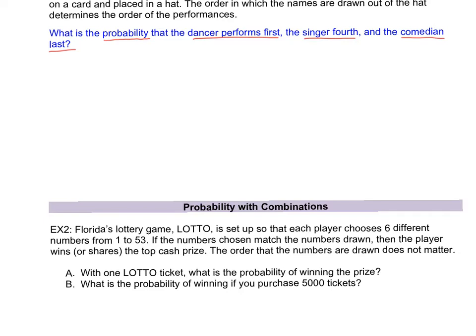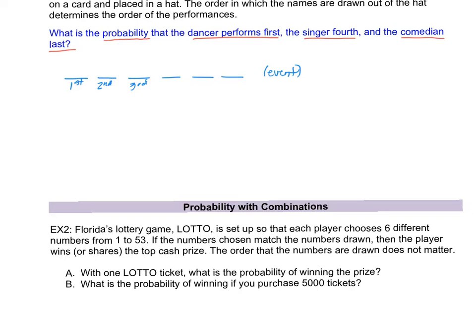Remember, in a permutation, the order matters. So I'll often make little blanks, 1, 2, 3, 4, 5, 6, to represent my 6 acts that I'm going to schedule. So we're going to have a first performance, second, third, and so on. And I'm going to be looking at the event here. I'm going to be looking at the numerator of my fraction when I figure out my probability.